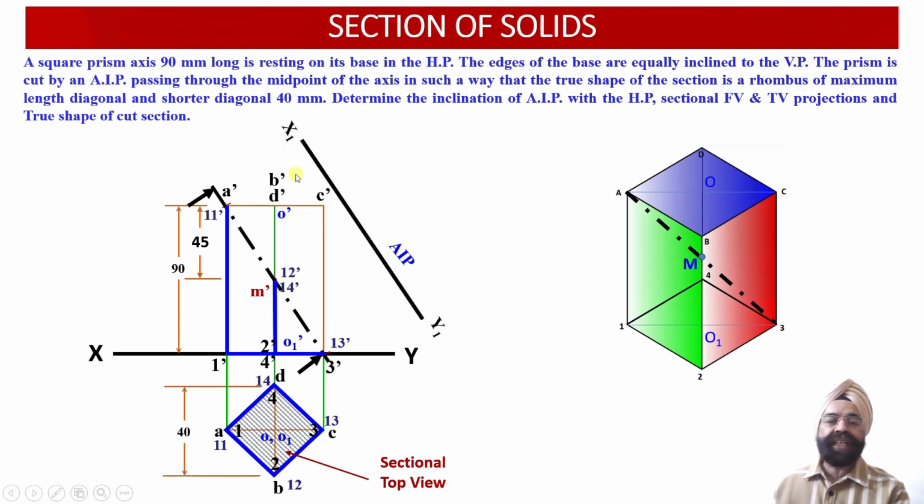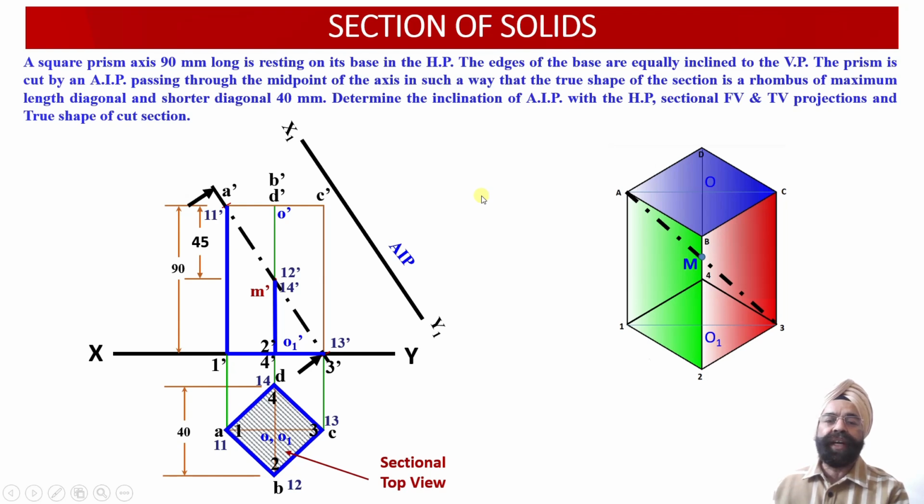Now parallel to this cut surface, we have drawn an auxiliary inclined plane x1 y1 in such a way that this auxiliary inclined plane x1 y1 will be parallel to this cut section, so that whatever projections will be obtained onto this auxiliary inclined plane, that is the auxiliary plan projections, we are going to obtain over here. These auxiliary plan projections will provide us with the true shape of this cut section.